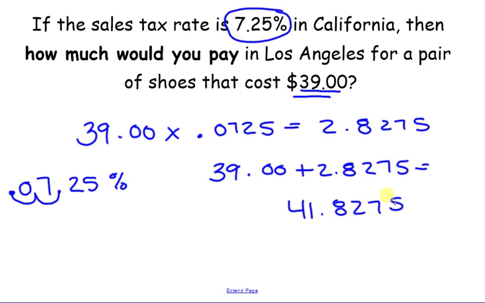That's how much you would pay in total. Let's round it off. Underline the hundredths place, draw your stick, circle your next number. 7 tells you to round up, so we're going to cross out the 2, make it a 3. So your total price for those shoes with the tax in California is $41.83.